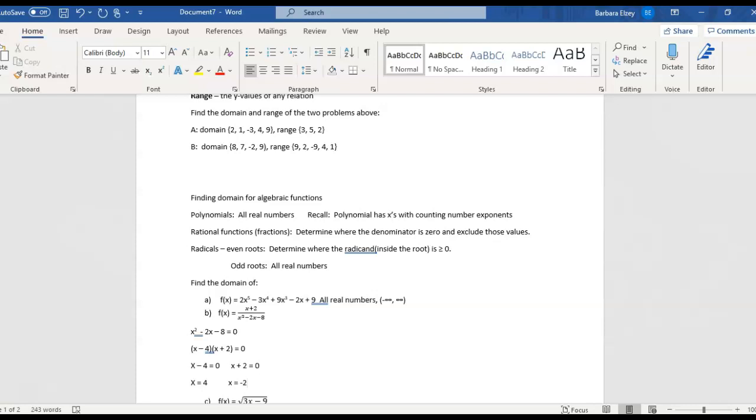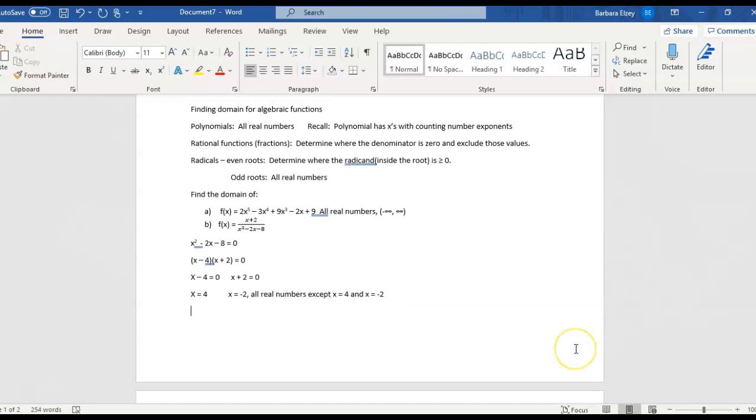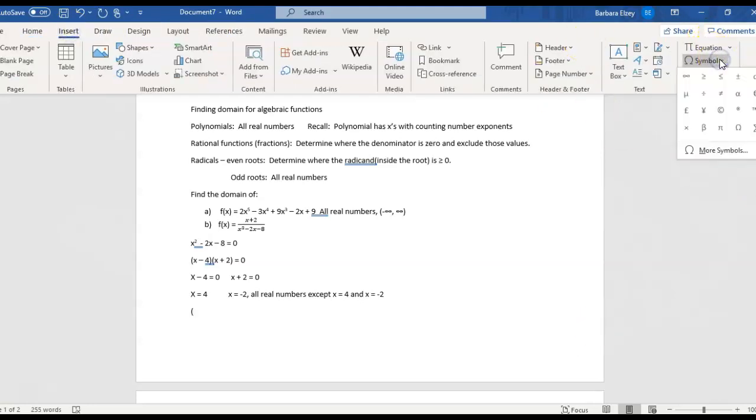Now, on a test, you can write all real numbers except x equals 4 and x equals negative 2. However, in my open math, they're probably going to want interval notation from you. So if we write this in interval notation, we're going to go from negative infinity, and actually I need to put a negative in front of my infinity symbol, up to the first value.